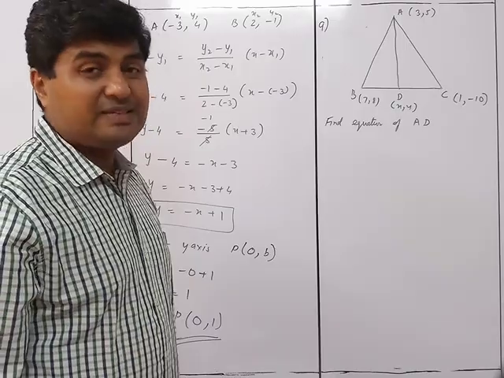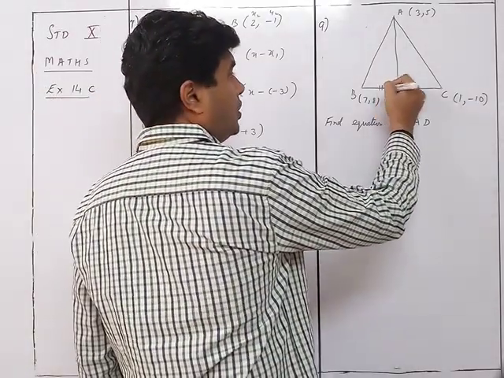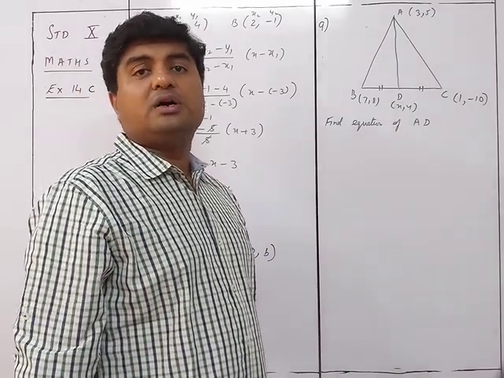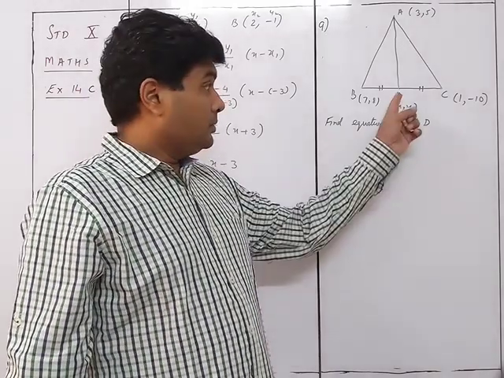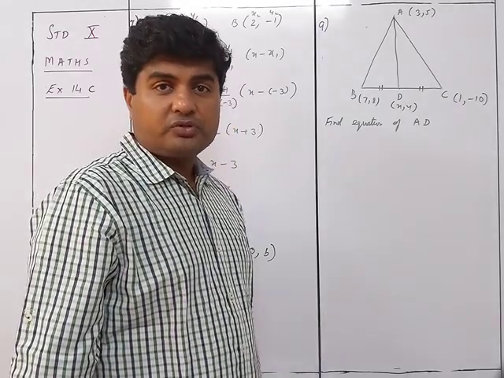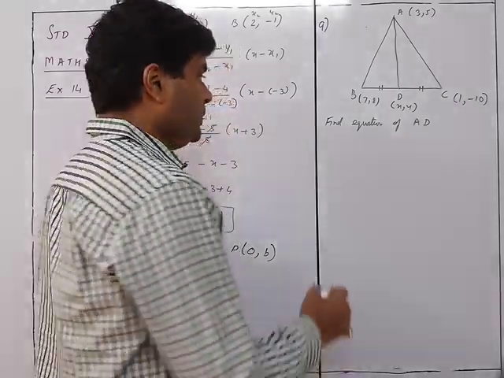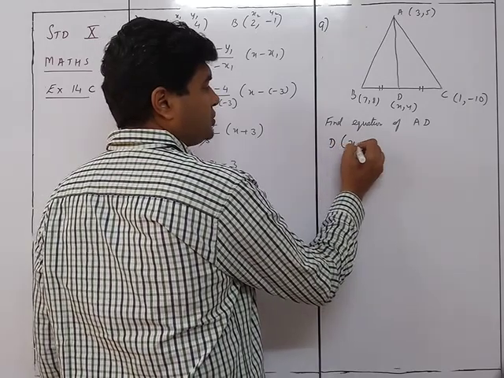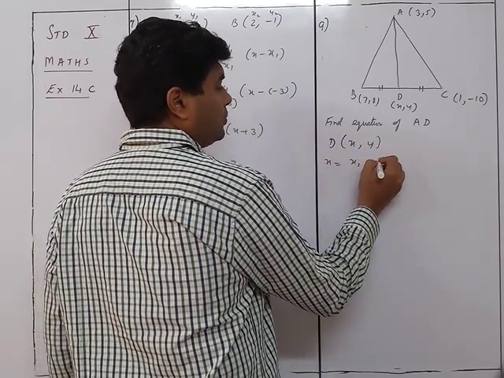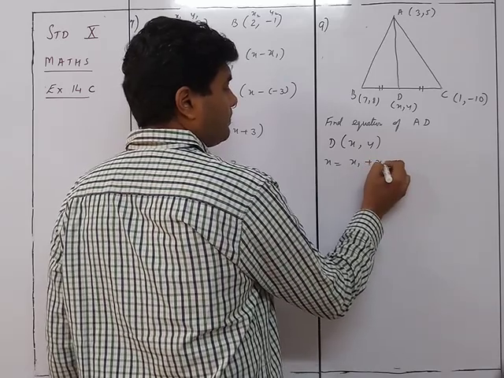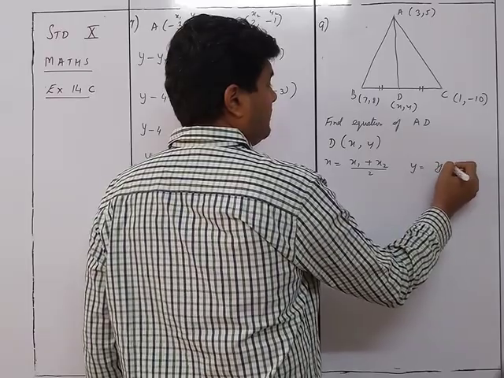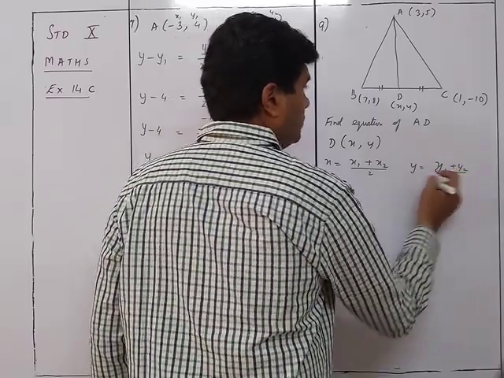Right, now it's a median, so by the midpoint formula I can find out the coordinates of the midpoint D. So that is what we are going to do first. We have D(x, y), where x is equal to (x1 plus x2) upon 2, and y is equal to (y1 plus y2) upon 2.